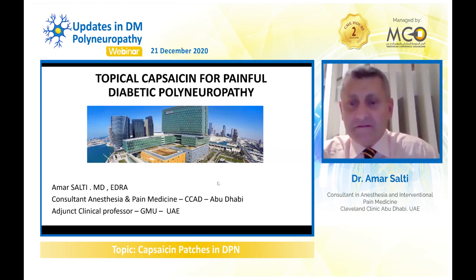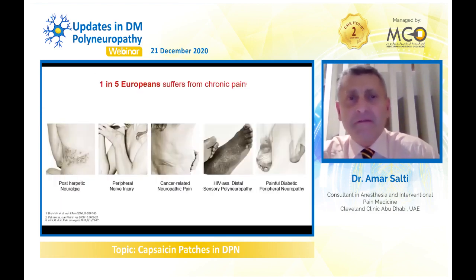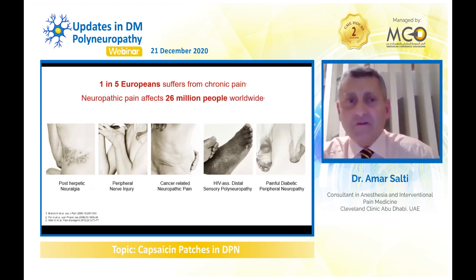So my topic will be dealing with diabetic neuropathy, polyneuropathy, and painful diabetic polyneuropathy. We know that 1 in 5 Europeans suffer from chronic pain of different etiologies, and the indications for capsaicin range from post-herpetic neuralgia, peripheral nerve injury, and cancer-related neuropathic pain, and the topic for today is painful diabetic neuropathy.